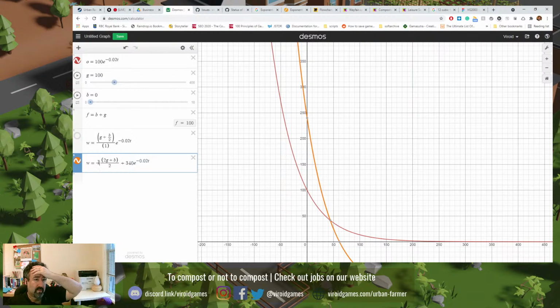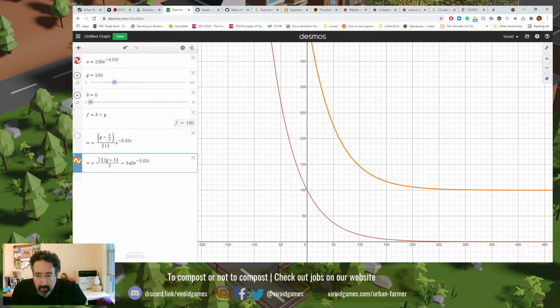And I think when I did this, it takes 300 hours to deplete itself when it's 100 liters of green.